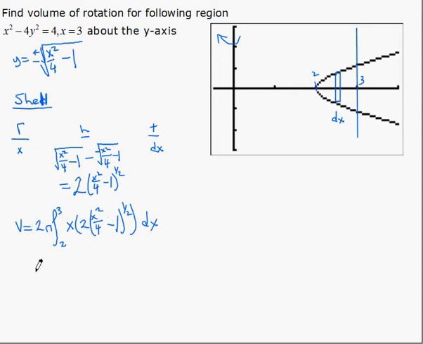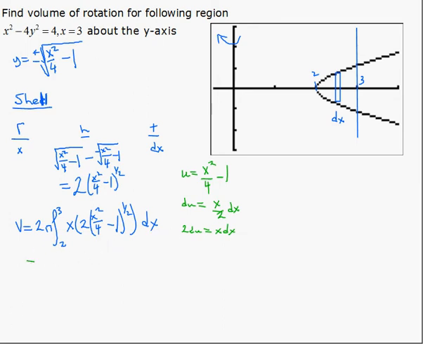We can take the 2 outside, so we'll do that, but we recognize in here this is x squared. The derivative of this part is going to give us x with a constant, so we can use u substitution. So for u substitution then, we're going to set u equal to the part in the bracket, so x squared over 4 minus 1. That makes du x over 2 dx, which means 2 du equals x dx.